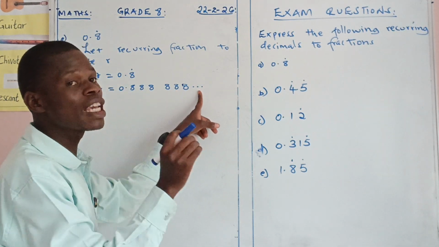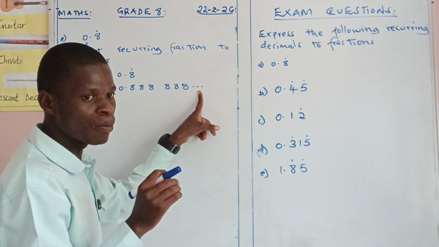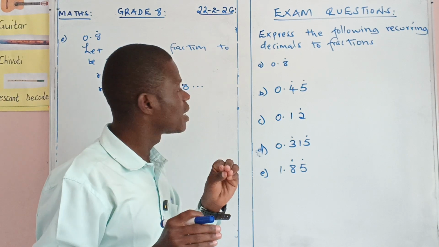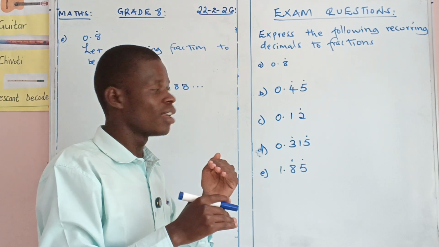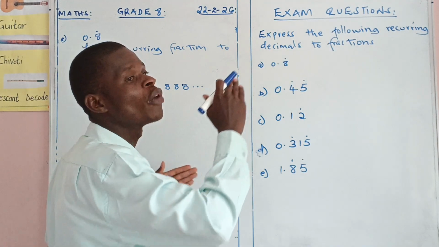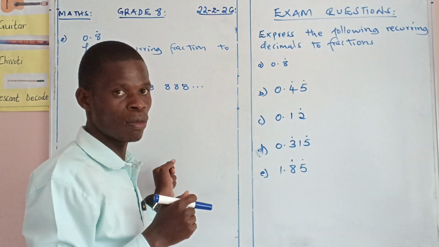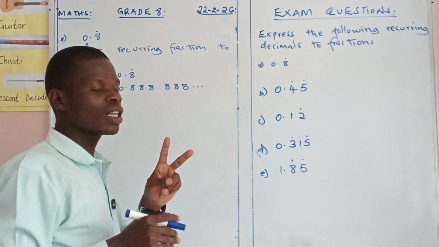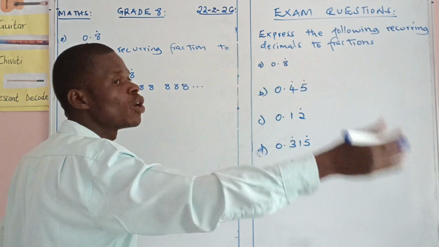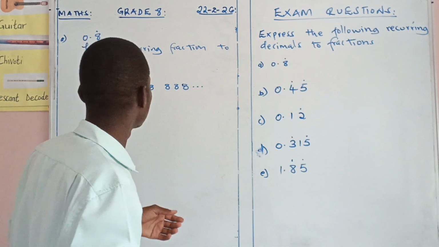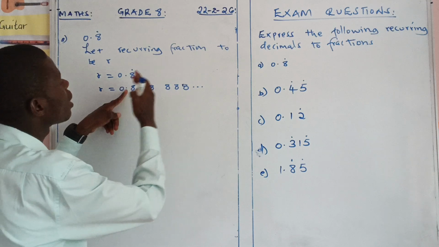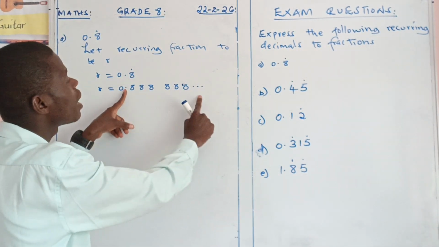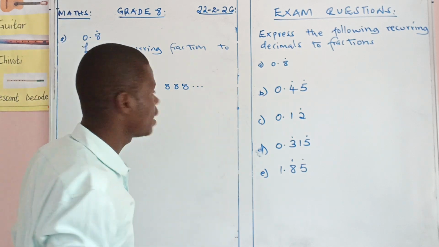We will be multiplying both sides of the equation by 10 until we come up with 2 equations that, if we subtract, we obtain 0 on the right-hand side of the decimal point. So if we have 0 here, we are eliminating the recurring digit.